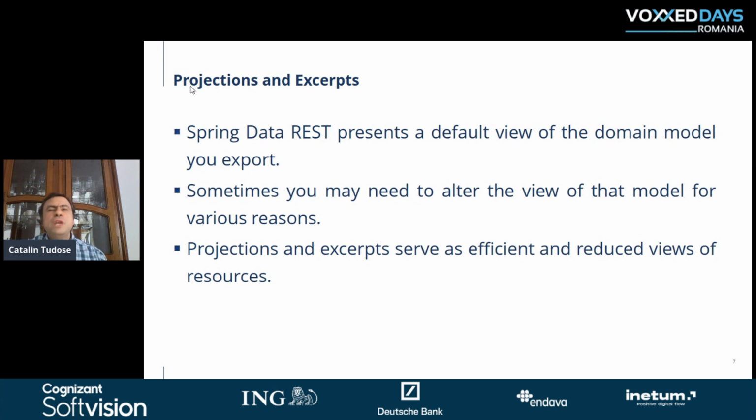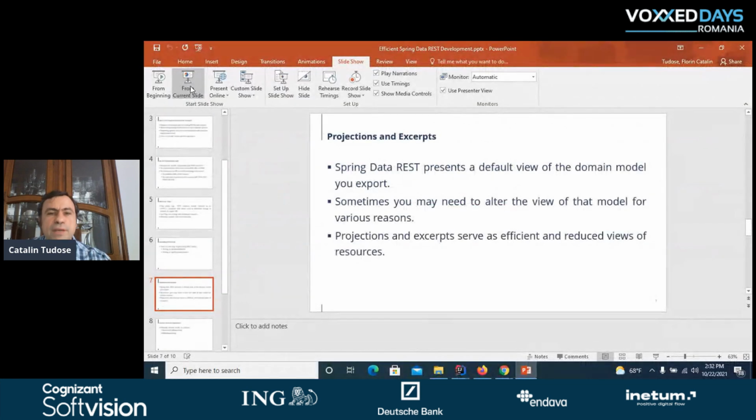Okay, you have some restrictions, as we emphasized a little earlier, about how to provide controlled access to the repository, to the methods, to the fields themselves. But what about different views? Like I'm looking in a database and I want to have different views. And this is where projections and excerpts help me be more efficient and do this job.